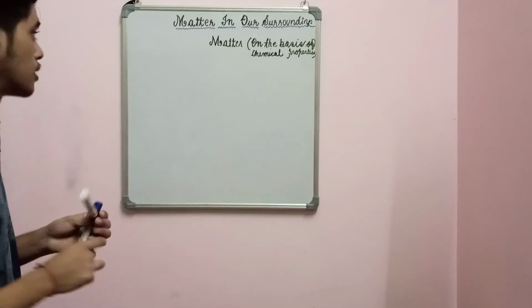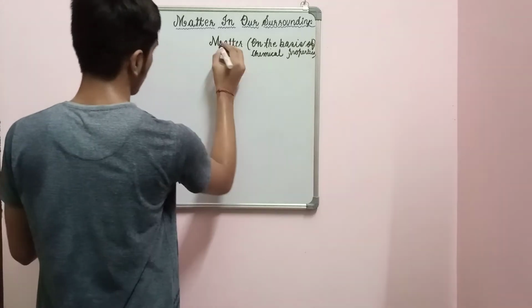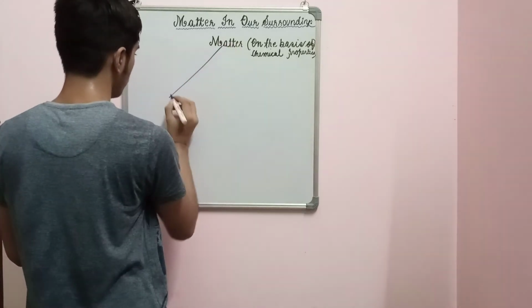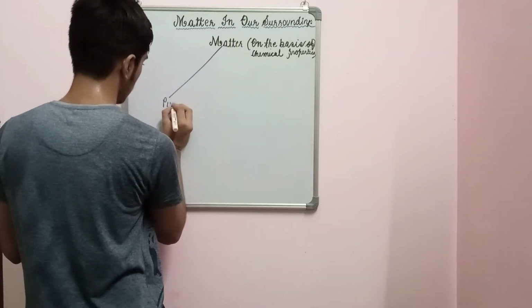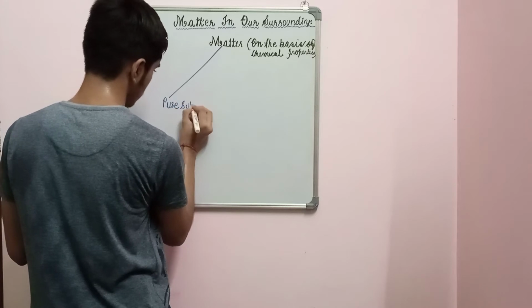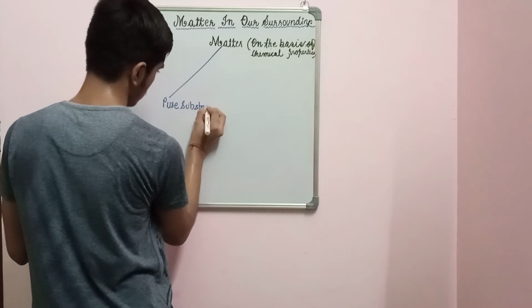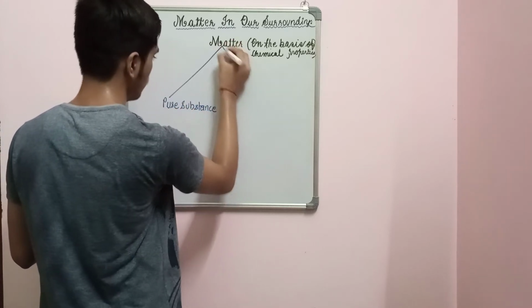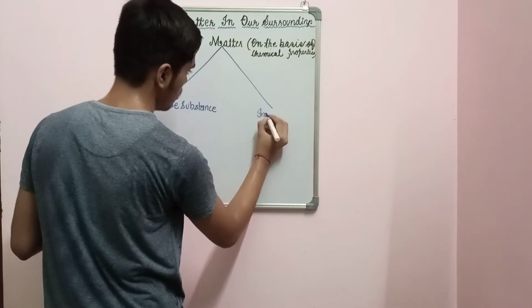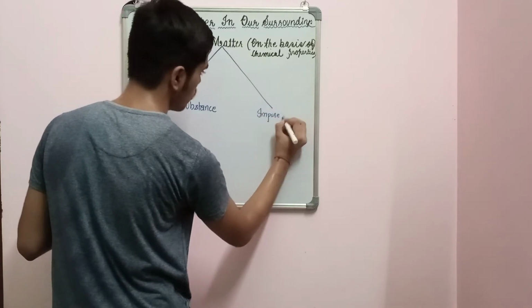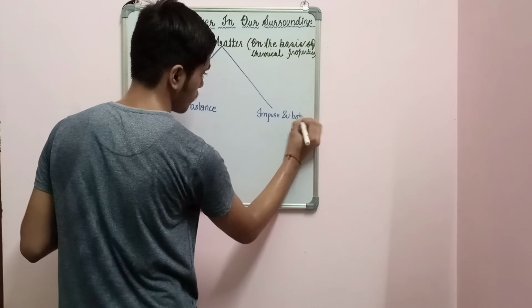Now what are the basic things which we have to know? First is pure substance. Another is impure substance. Impure or impure, anything you can say.